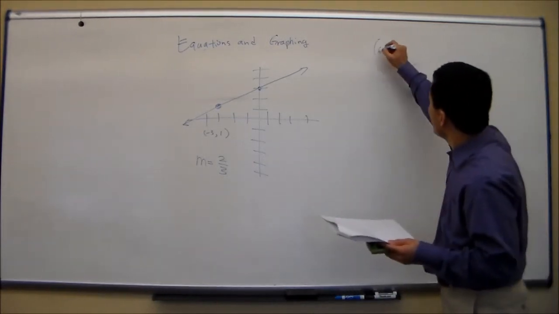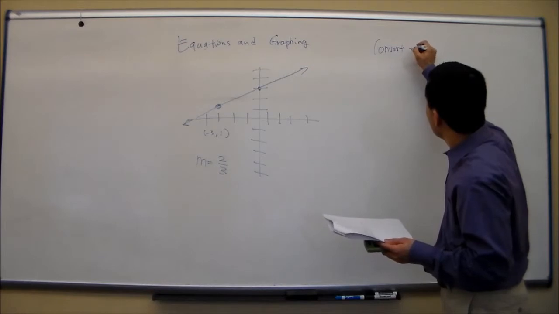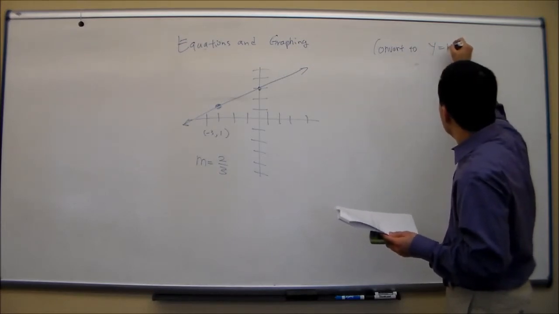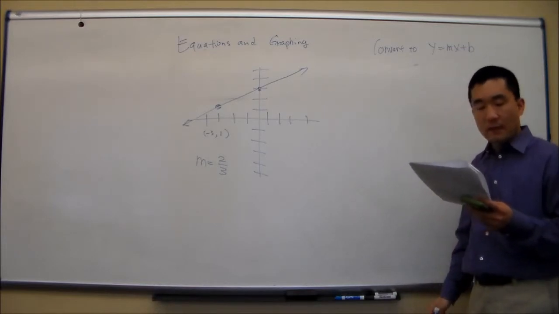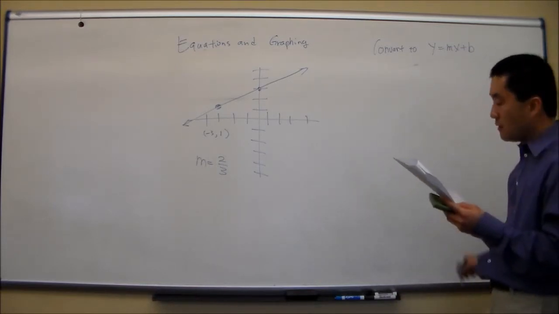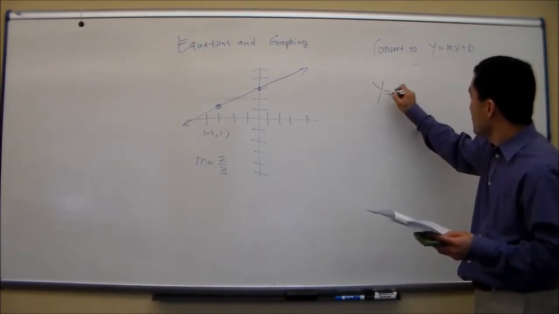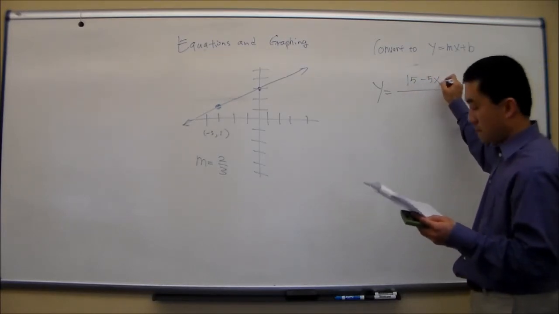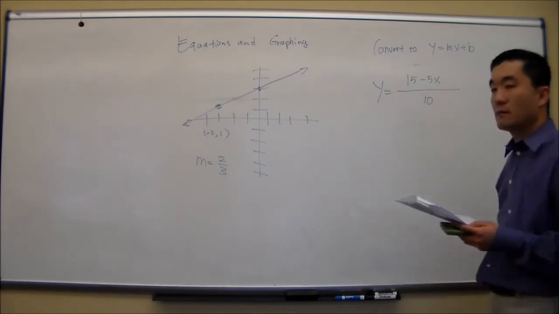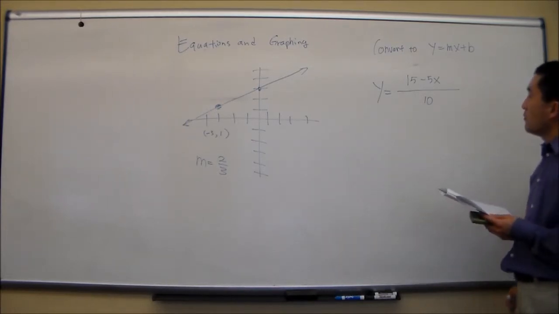Sometimes you're asked to convert an equation to look like in that format. How do you do that? So let's say you have something like this. So this is a fraction.